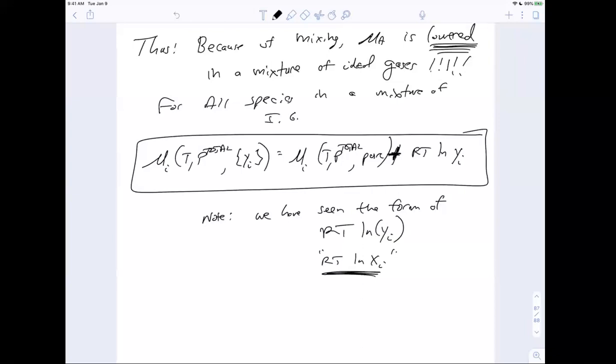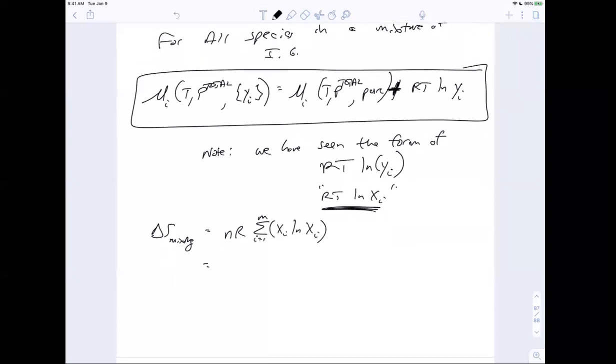For entropy? Yeah, exactly. So remember, we saw that delta S mixing of ideal gases is equal to NR times the sum of x sub I natural log x sub I, where we have a sum over I equals 1 to M if you have M species.